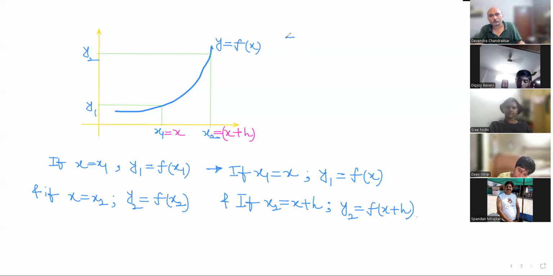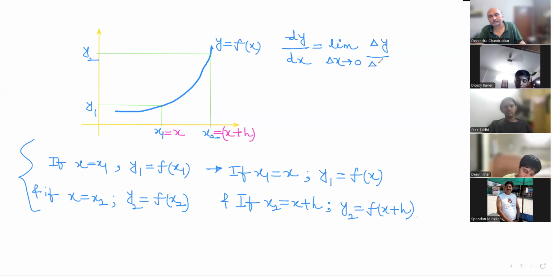Yes, sir. So dy by dx, please write it after this, okay? After writing this, you have to write this next, son. So dy by dx will be equal to limit delta x tends to 0, delta y by delta x. Now I replace this: this is y2 minus y1 upon x2 minus x1.